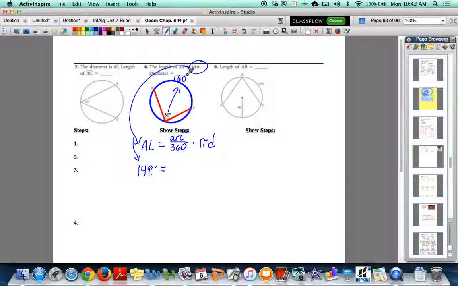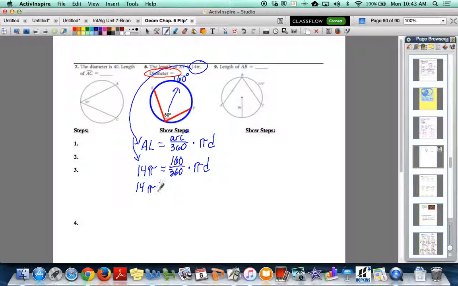So we know that right there would be 160 degrees for the arc measure. So 160 out of 360 times pi d. All right, now we are supposed to be calculating the diameter on this problem, so d is what we're going to actually solve for.